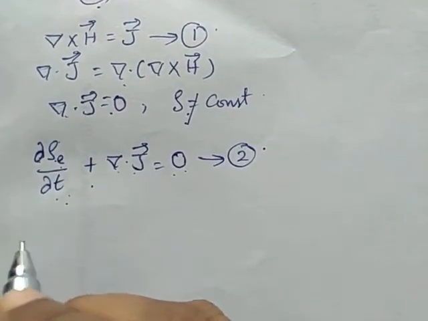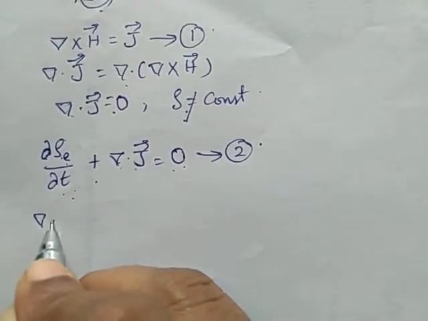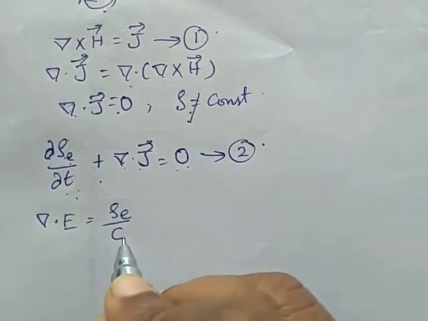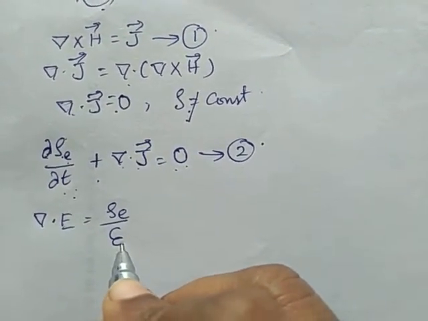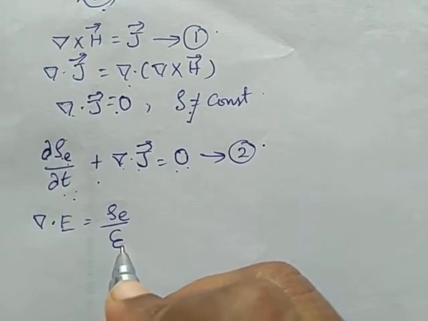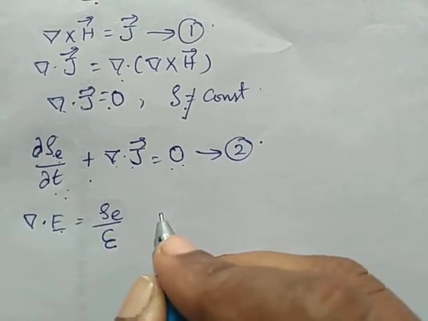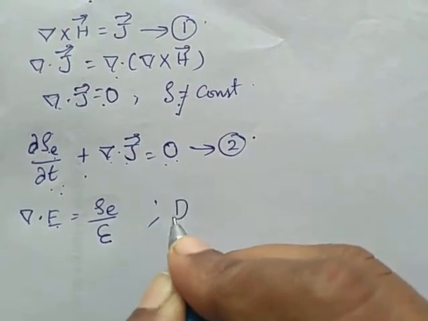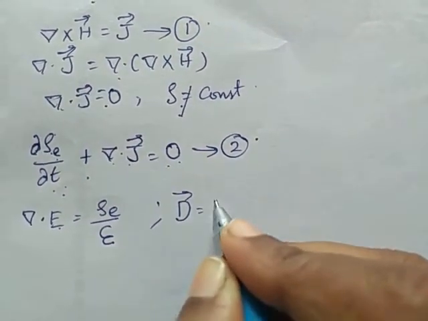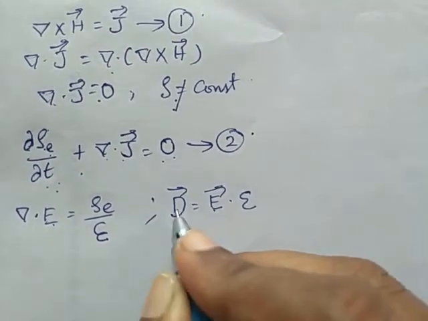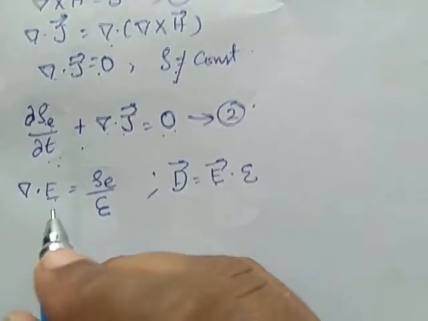Now, consider Gauss law. What is our Gauss law? Del dot E is equal to rho E by epsilon. What is E? Before writing that, we have the displacement field D, which can be written as epsilon times E. So E is D by epsilon. Substitute that value here.